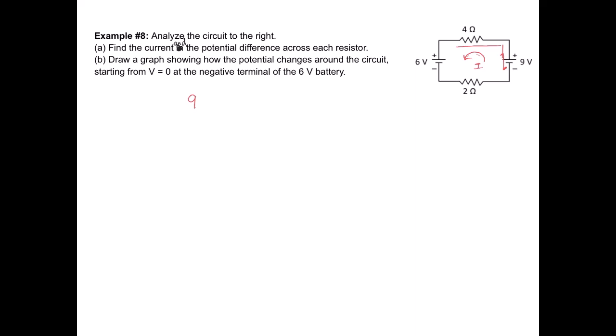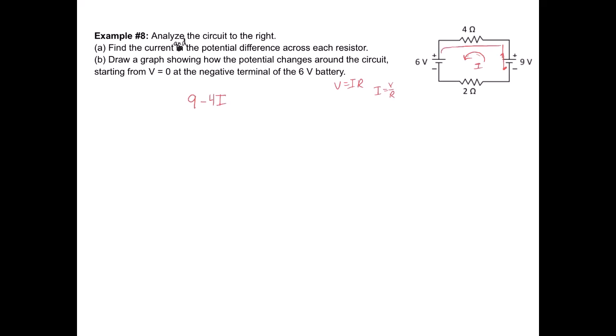And so since I'm going in the direction of the current, then I expect to lose 4 times I. Remember, V equals IR. That comes from I equals V over R multiplying by R. So that V equals IR we're going to use a lot here. So minus 4I, because I expect to lose some potential as I go through that resistor.